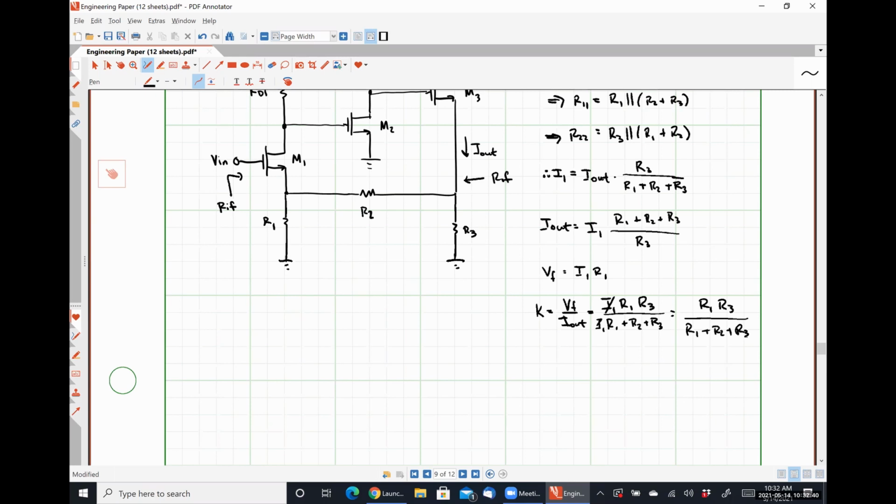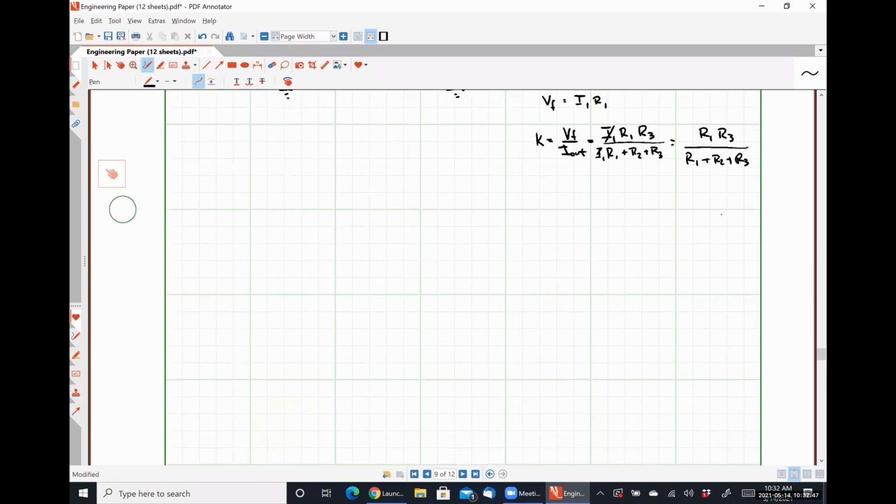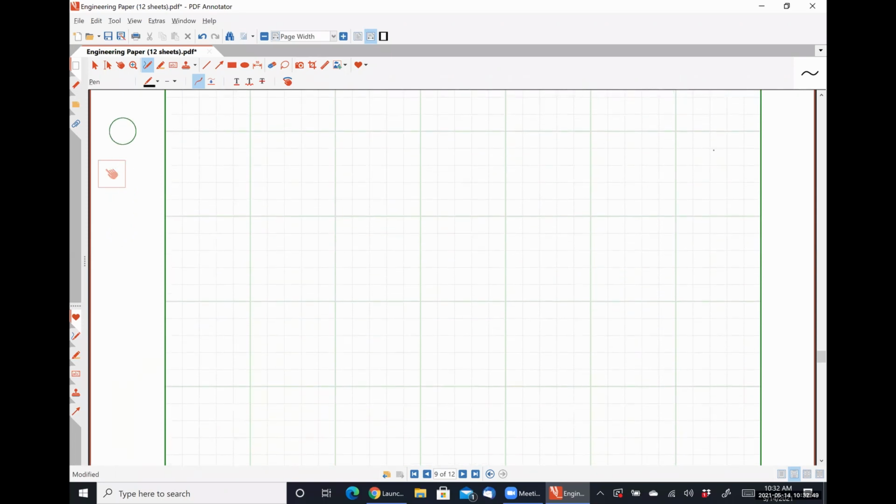All right, so we can now construct our open loop circuit. That's going to look something like this. Here is RD1.